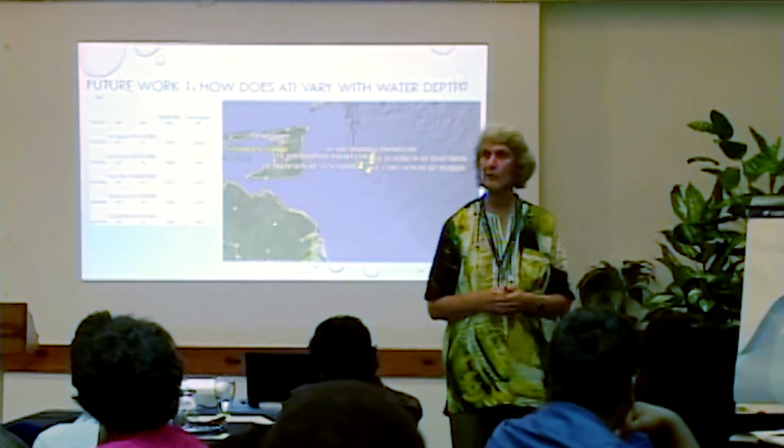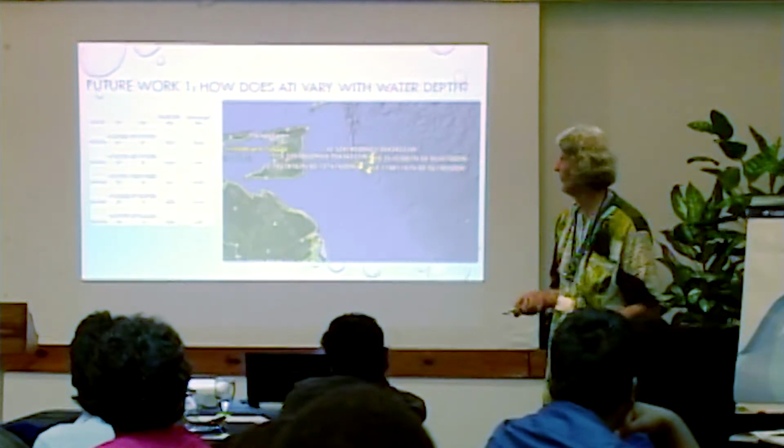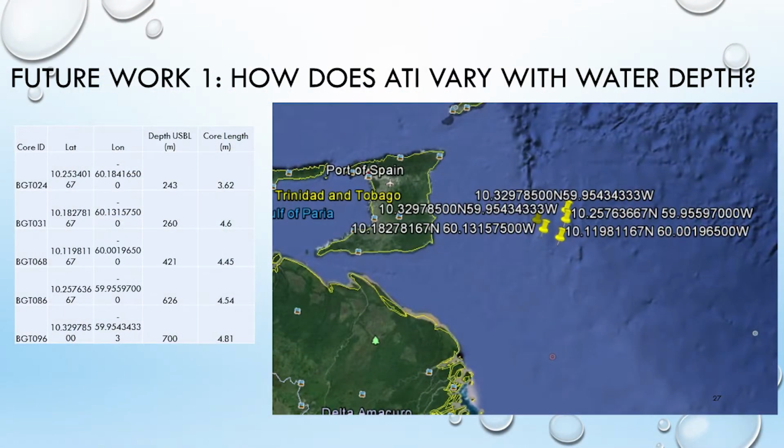Well, I'm going to move on and do some future work. One thing always leads to another. BG have very nicely given me 5 cores, piston cores, they're about 3 meters long, taken off eastern Trinidad. They range in depth from about 250 meters down to 700, a lot shallower than I've worked with so far.